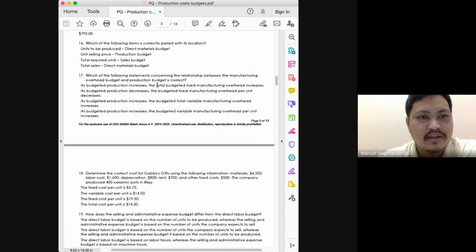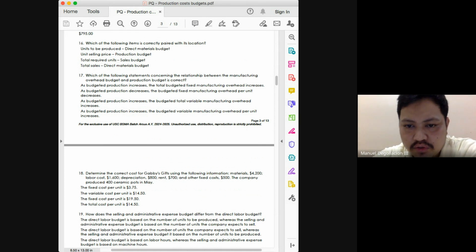Next, which of the following items is correctly paired with its location? Units to be produced, direct materials budget. Okay, that makes sense. Unit selling price, production budget. No, the selling price would not appear in the production budget. Total required units, sales budget.